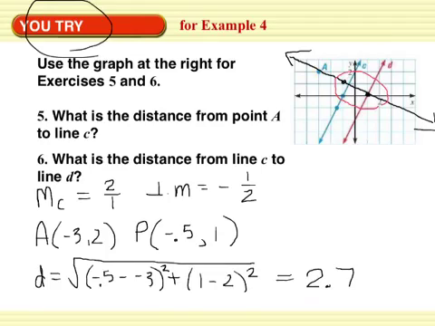Okay, we have that one point right there, which we already labeled P as negative 0.5, 1, and this point right here, it looks to be about that point. We're just going to name that 0, 10.